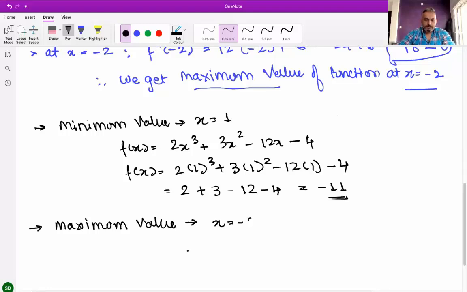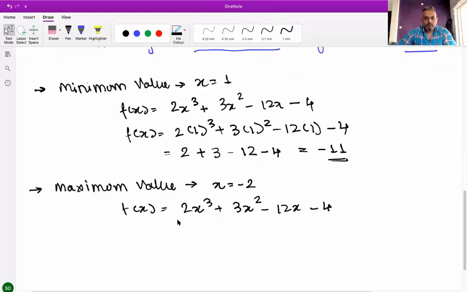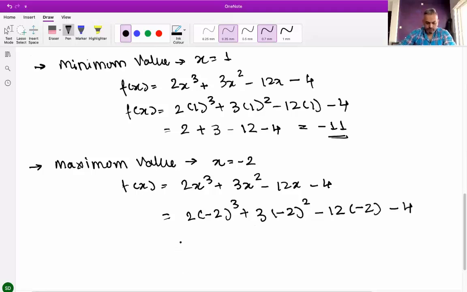x = −2. f(x) = 2x³ + 3x² − 12x − 4, which is equal to 2 × (−2)³ + 3 × (−2)² − 12 × (−2) − 4, which is equal to −2 cubed is −8, times 2 is −16. 2 squared is 4, 3 fours are 12, so plus 12.